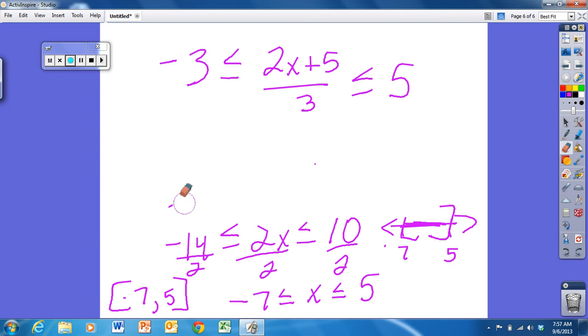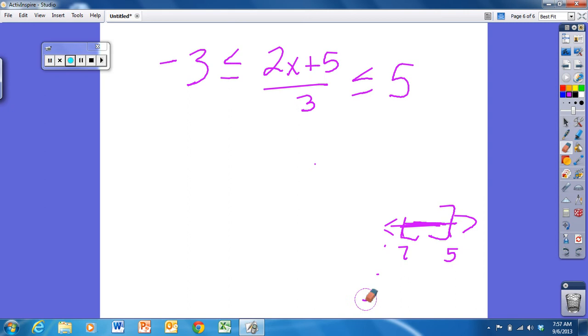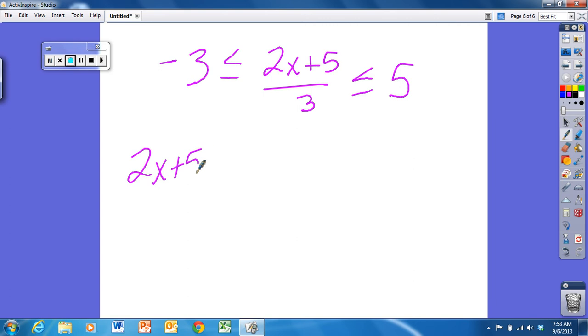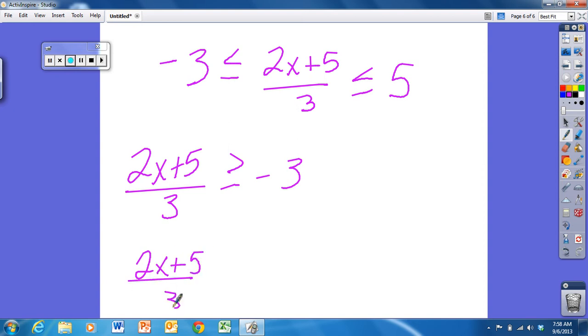You have an inequality on the left and you have an inequality on the right, and you're solving them simultaneously. So I'm really saying (2x plus 5) divided by 3 is greater than or equal to negative 3, and then I solve that. And then I say (2x plus 5) divided by 3 is less than or equal to 5, and then I solve that. I just did it in one step instead of two separate inequalities. Same answer, you get the same thing.